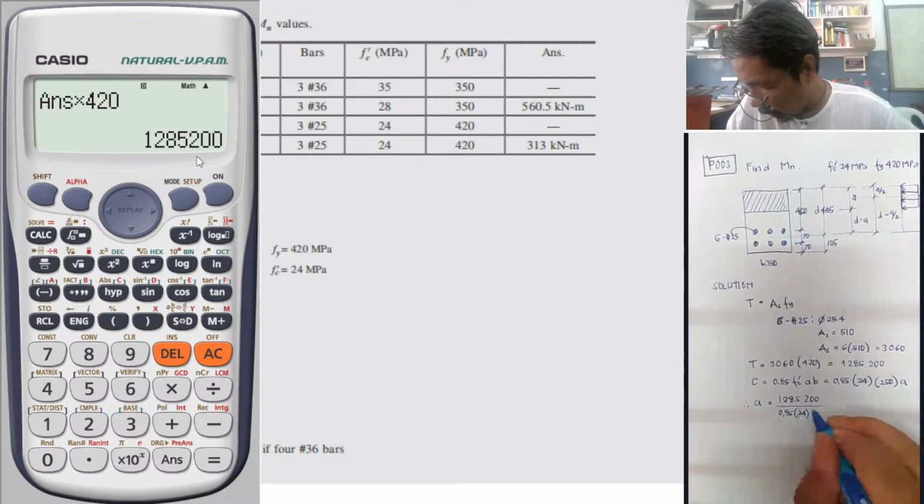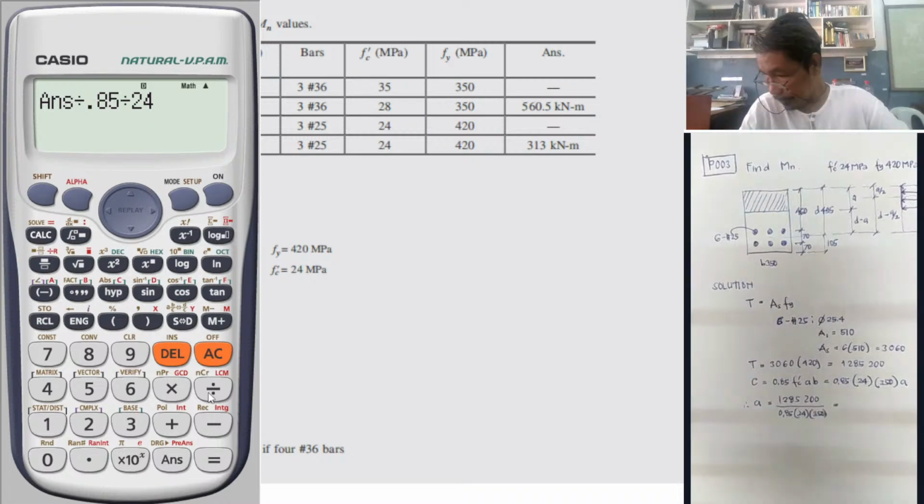And the answer would be, well, let us compute. Divide by 0.85, divide by 24, divide by 350. The answer would be 180 mm.